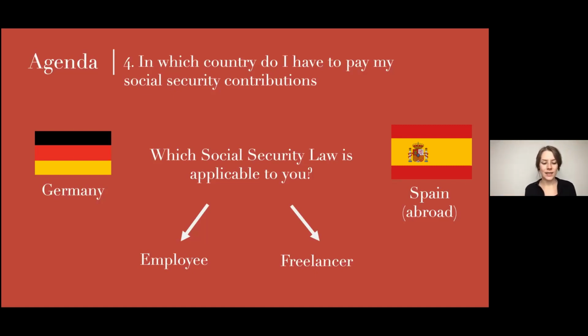To give you an example, if an employee lives in Germany, has their place of residence there, and works at least 25% in Germany, German social security law applies even if the employee works up to 75% in another EU member state, in their foreign home office, for example, in Spain.